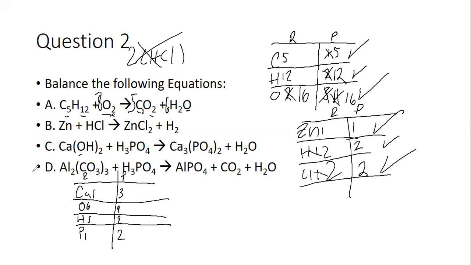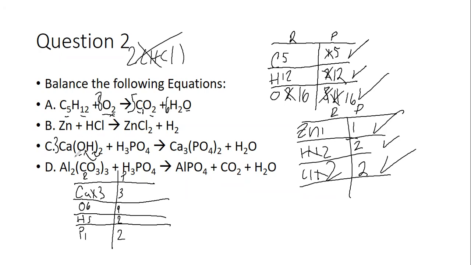So 3 calcium on the right, 1 calcium on the left. So I'm going to put a 3 in front of there to make that 3 calcium. Now let's do our math. So this is really, we can distribute, right? So that is really 3 times 2 oxygen.